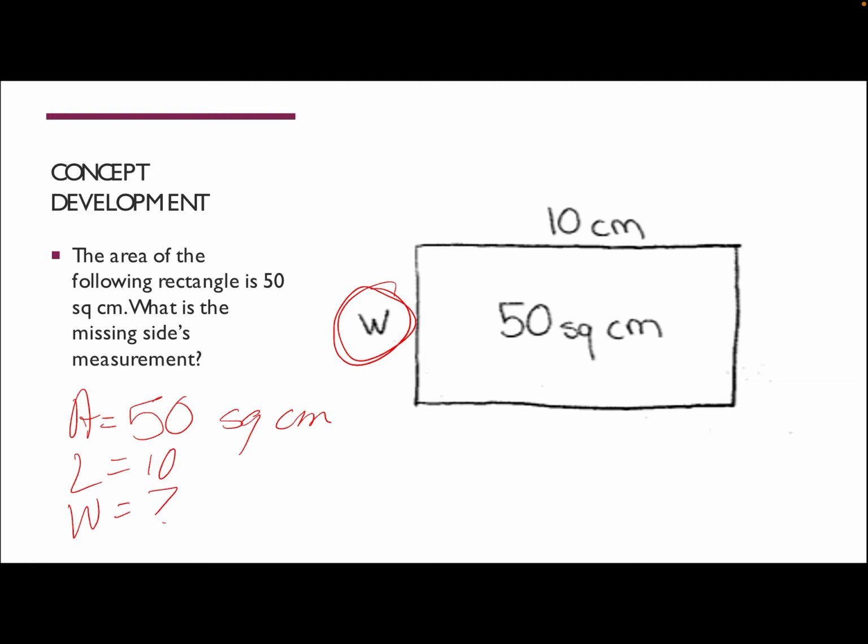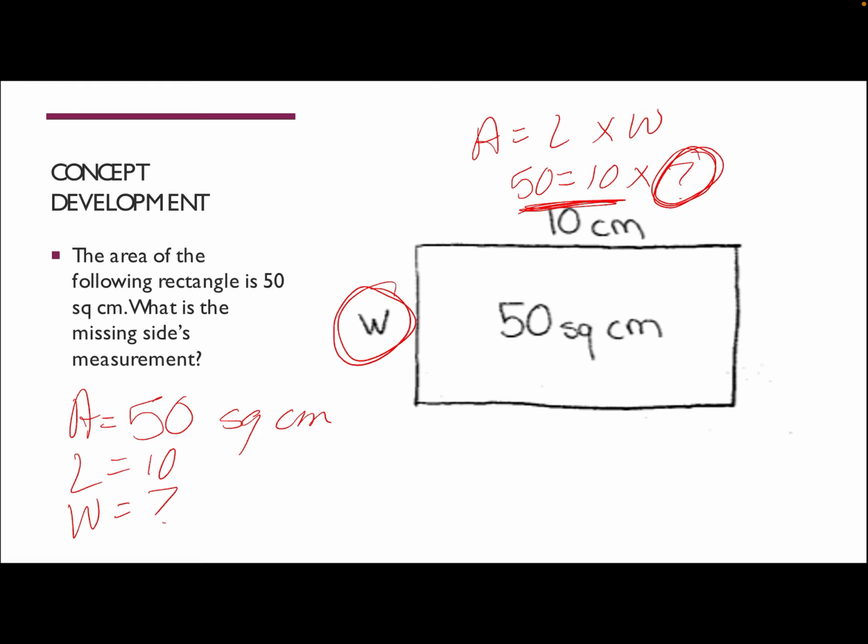Whenever we traditionally solve for area, we do length times width. Well, we learned last year that if you have a missing number, so let's say it's 50 equals 10 times question mark, when we have a missing number here, we can't multiply. Instead, we have to use the opposite operation for the remaining two numbers, which is division.